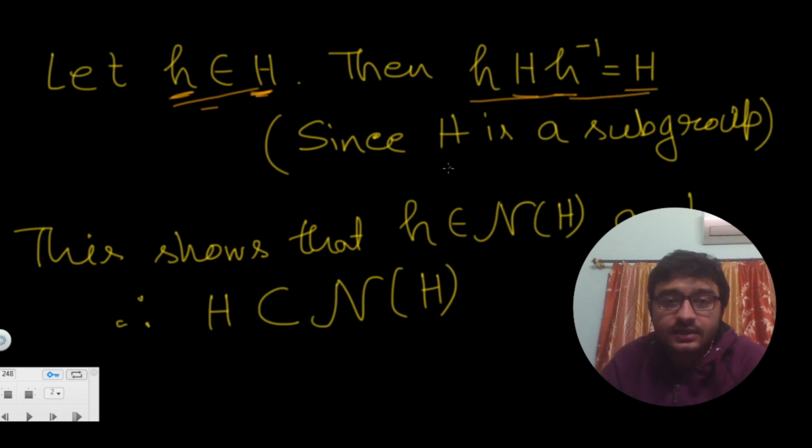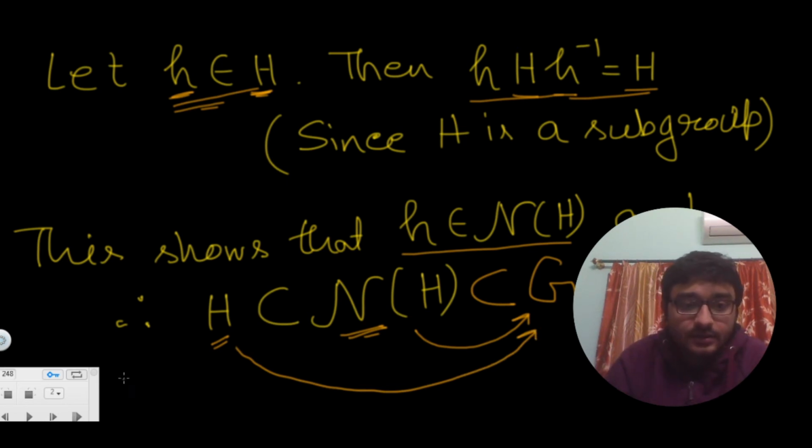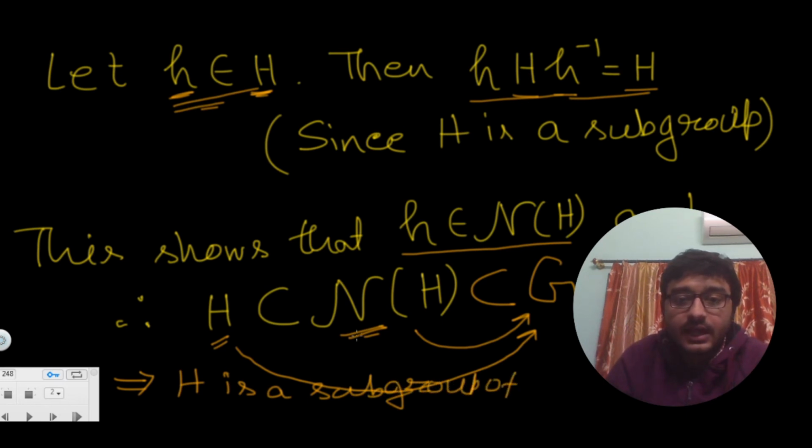This shows that h also belongs to N_H. That means H is a subset of N_H, and N_H is a subset of the big group G. Now N_H is a subgroup of G and H is a subgroup of G. This implies that H is a subgroup of N_H.